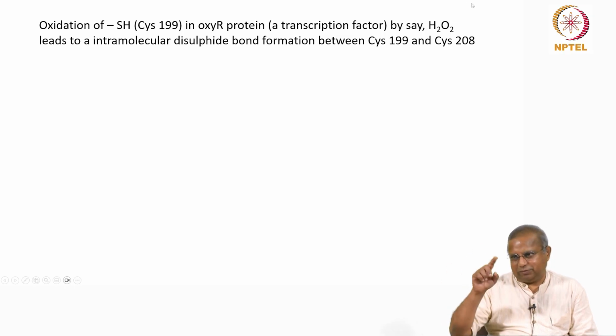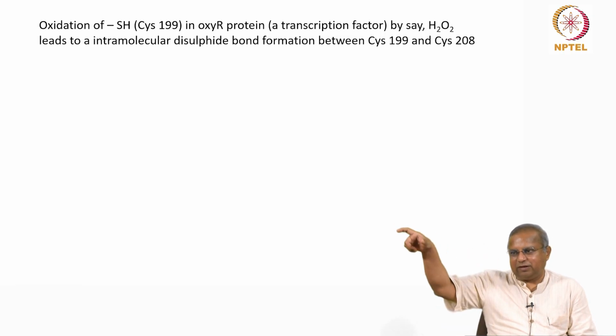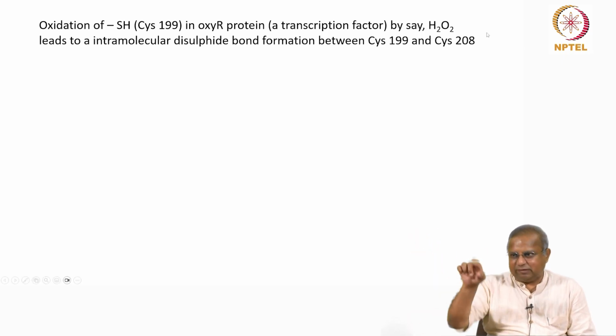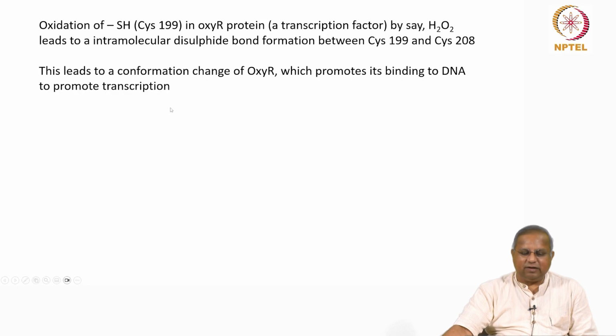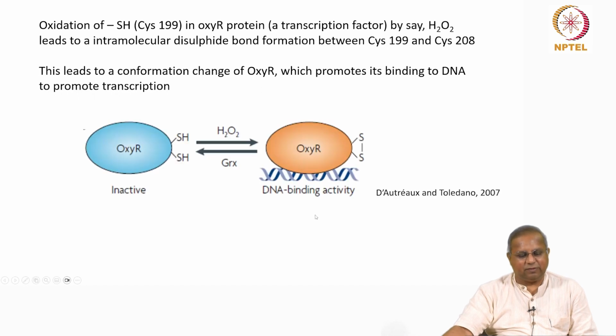So your S forms a bond with another S, giving an S-S bond between Cys 199 and Cys 208. This leads to a conformation change of OxyR, which promotes its binding to the DNA to promote transcription. Okay, so that's the way it works.